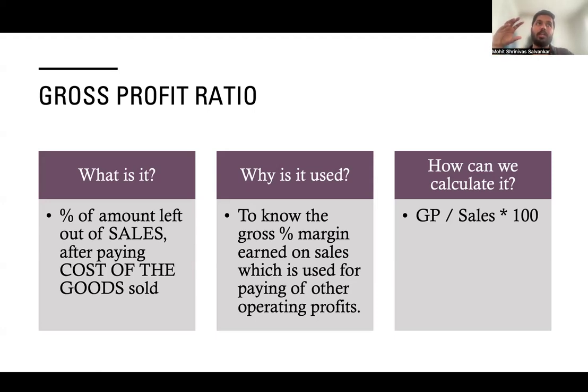To understand how much percentage of the revenue remains for settling the operating expenses and other expenses. And it's calculated just like school marks. If in school we got, let's say, 20 marks out of a 50 marks paper, we say 40%. So that's the same formula used for gross profit as well: gross profit upon sales into 100.